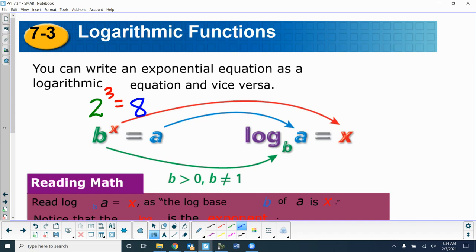That means we could write log base 2 of 8 equals 3.